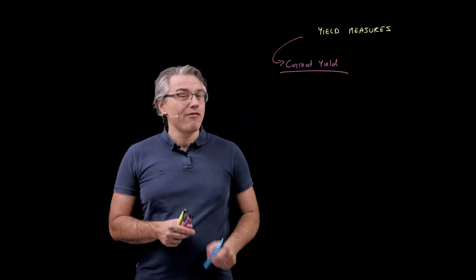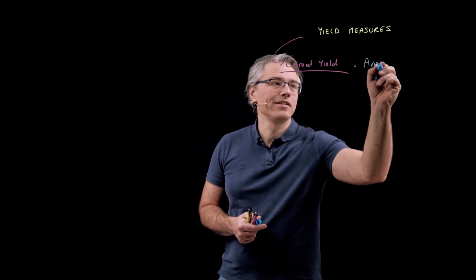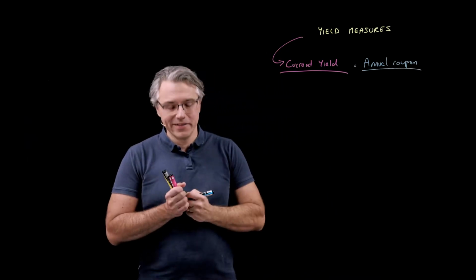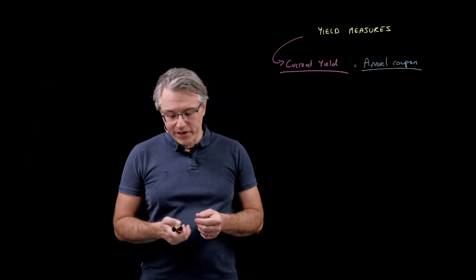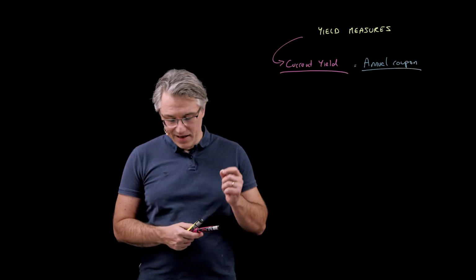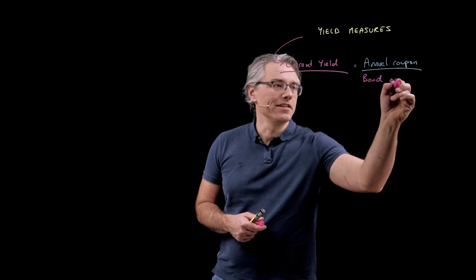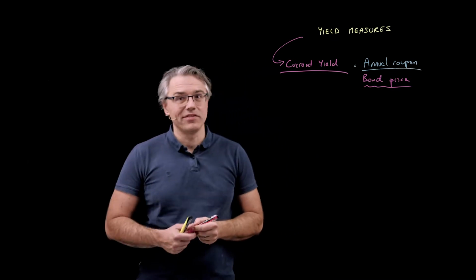So the current yield is an expression that takes into account the annual coupon, right? Not quarterly, not semi-annual, but whatever is the annual coupon, so the full one that you get by taking the coupon rate and multiplying by principal value, and you divide, and this time, this is where you divide by the actual bond price, whatever it is, and this is where the price actually comes in handy as opposed to principal value.